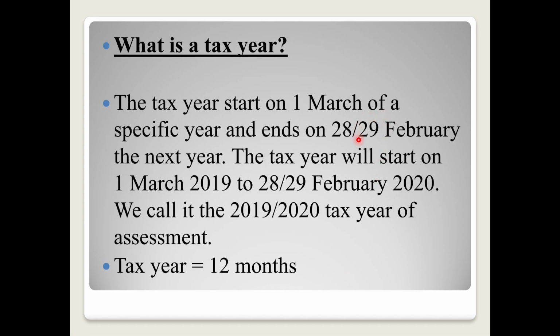I say 28, 29 because every 4 years we have a leap year and then there's 29 days in February. So the tax year will start on the 1st of March, as an example, 2019, to the 28th, 29th of February 2020. We call this the 2019-2020 tax year of assessment. So remember, a tax year equals 12 months.